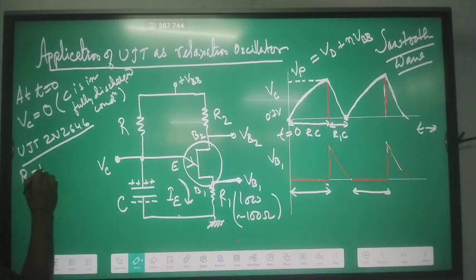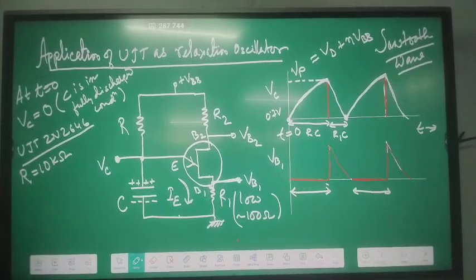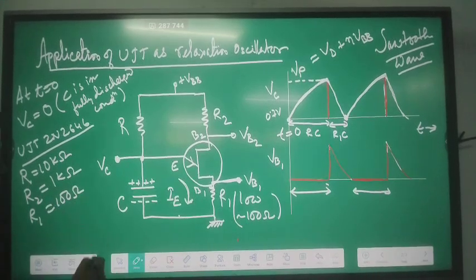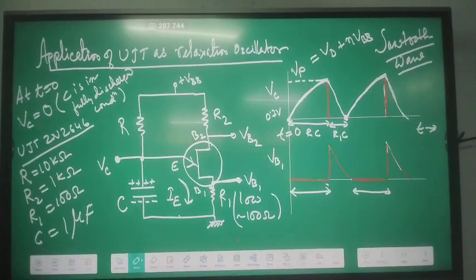R we can take 10 kilo ohm, or more than 10 kilo ohm. R2 will be equal to 1 kilo ohm. R1 we can take 100 ohm or even less. C we can take as 1 microfarad or less than 1 microfarad.